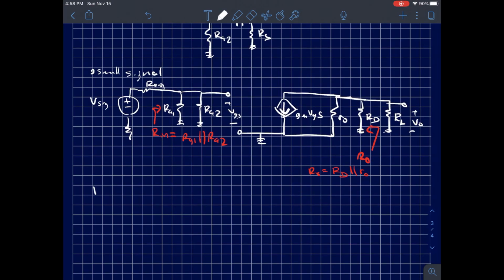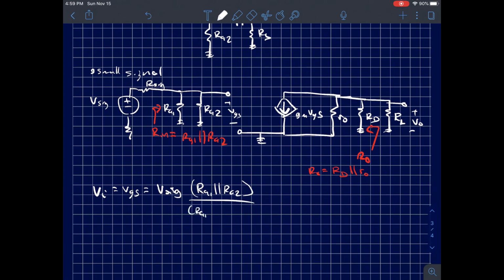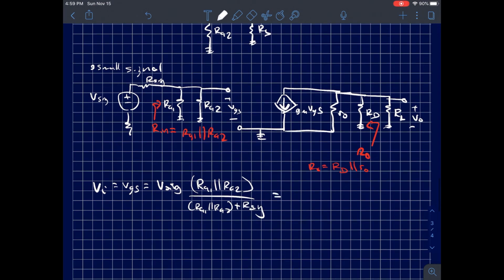Then I can point out that VGS, which is V gate to source, is equal to V sig times the parallel combination of RG1 and RG2 over RG1 in parallel with RG2 plus R sig, which is the same as saying it's V sig times R input over R input plus R sig.